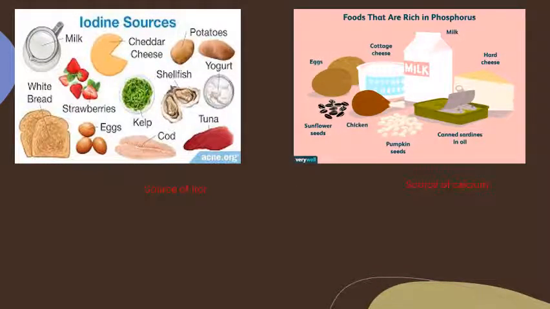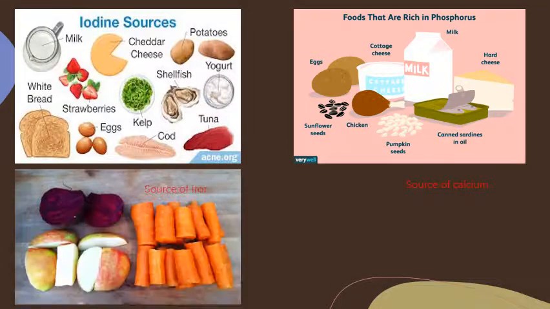Rich source of phosphorus. Phosphorus is also a mineral that is important to our body. It is present in eggs, milk, chicken, sunflower seeds, pumpkin seeds, canned oil, hard cheese. All these things have rich content of phosphorus, which is required in very less amount by our body.